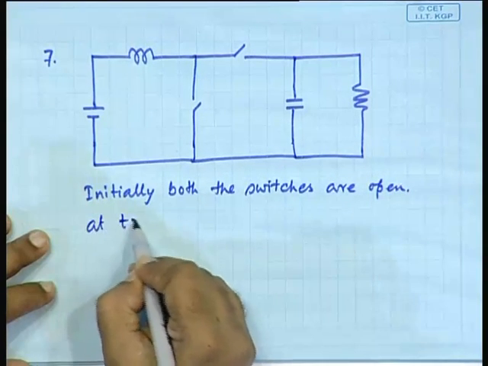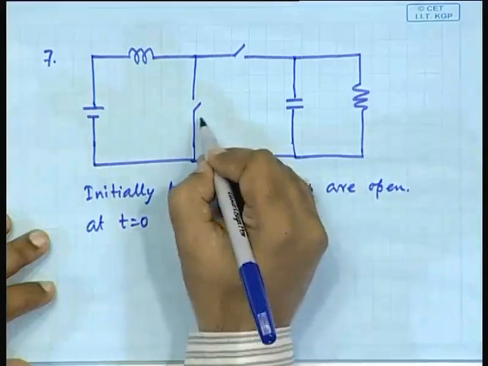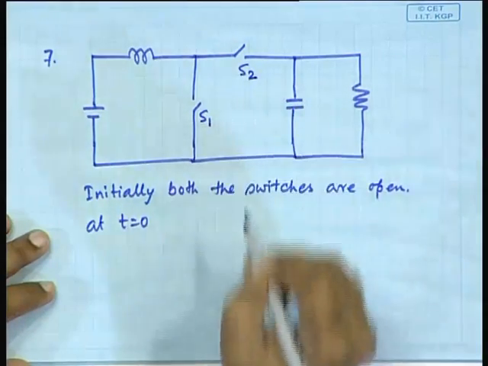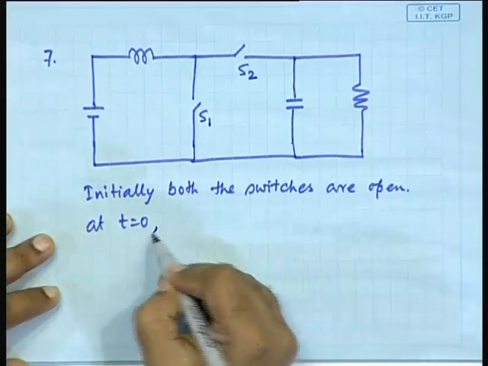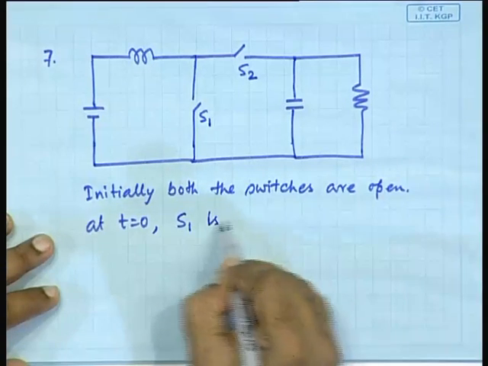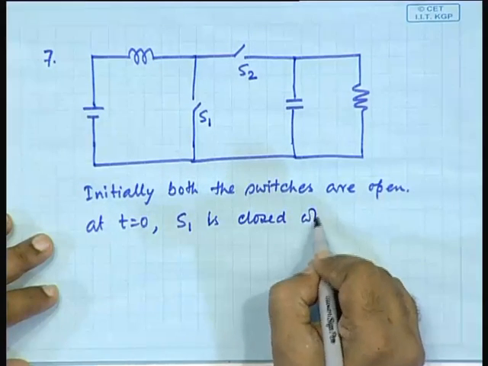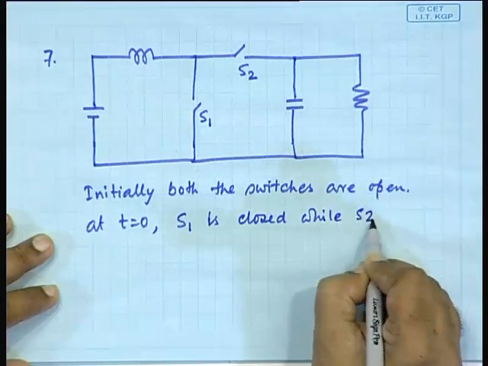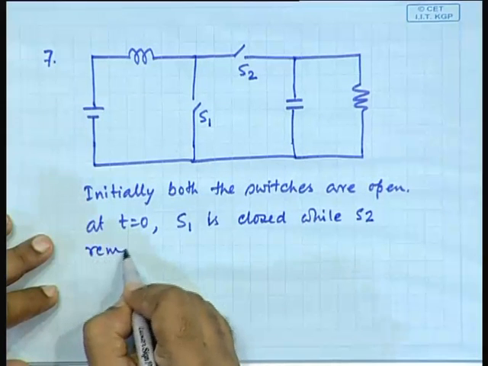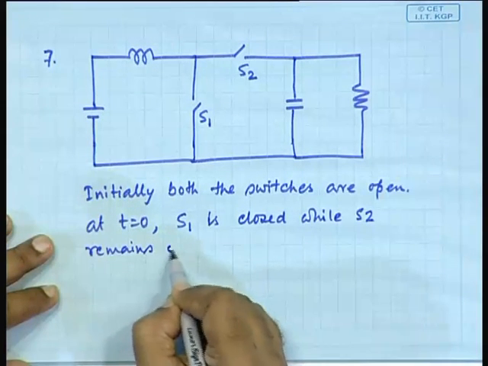At t equal to 0, suppose this is S1, this is S2, S1 is closed while S2 remains open.